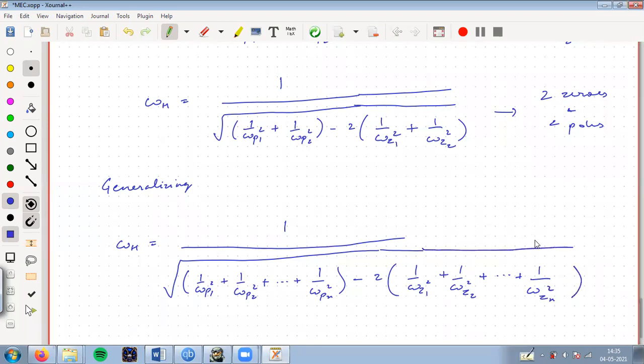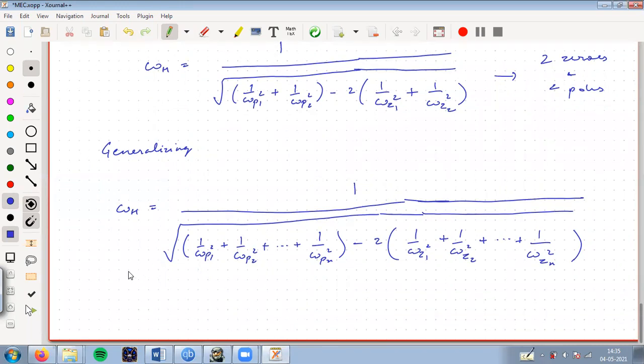This is a more general version: instead of just 2 poles and 2 zeros, you will have n poles and n zeros.